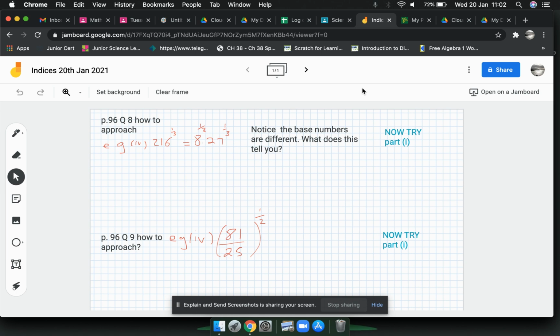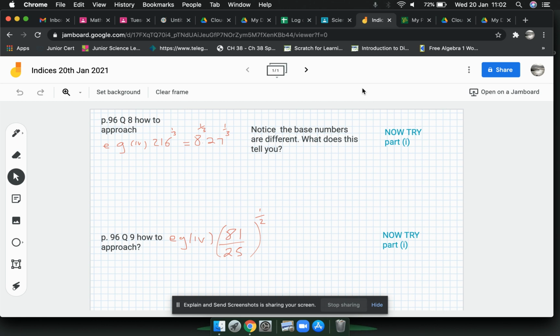So let's say, for argument's sake, we are told to prove 216 to the power of 1/3 is equal to 8 to the power of 1/3, 27 to the power of 1/3. Now, what it doesn't have there in front of us actually is a bracket.